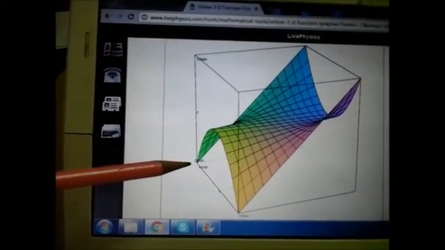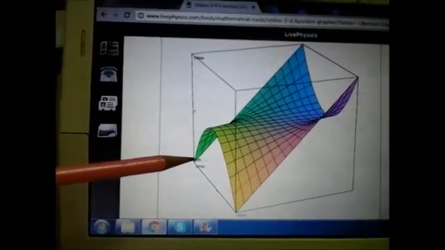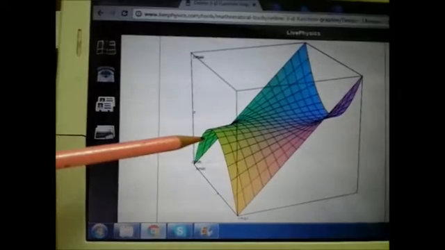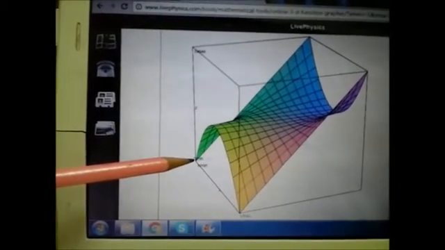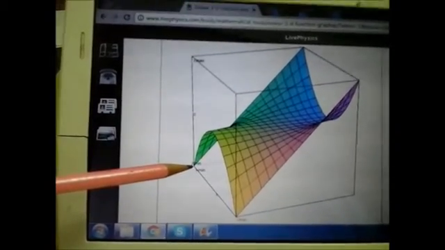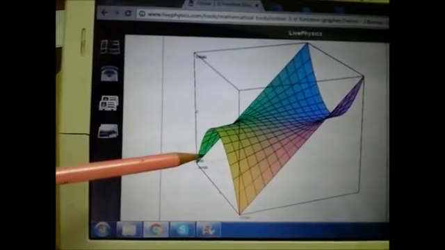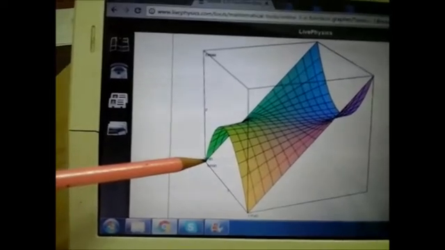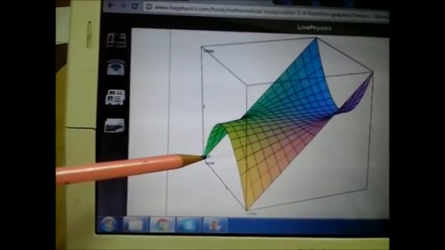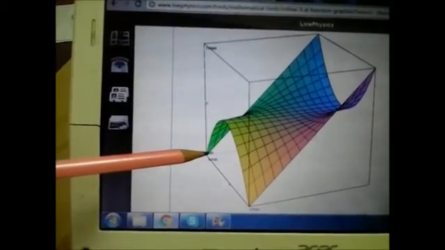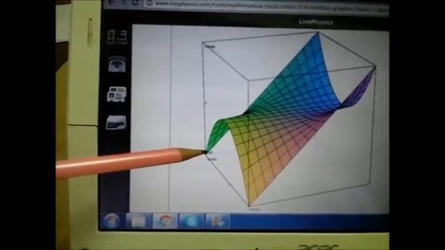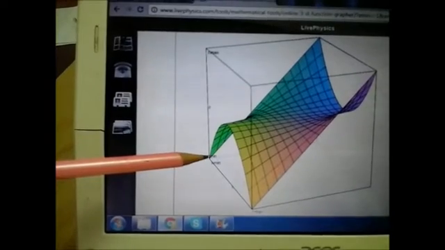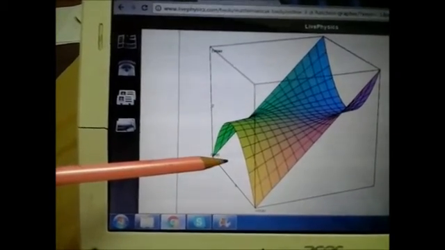I don't know what answer we're going to get, but I would expect a positive gradient. If it was a gradient of 1, it would go that steep, but it looks a bit steeper than 1. So I'm expecting a positive gradient a bit greater than 1. And graphically, that's what we're doing: trying to calculate the gradient at that point, moving off at a 45-degree angle.